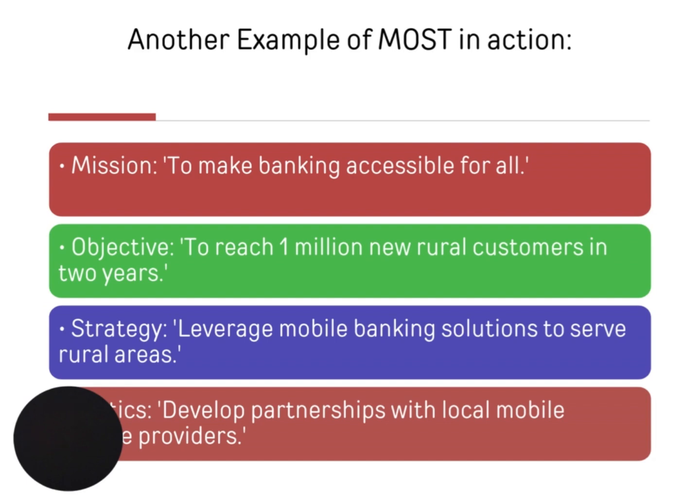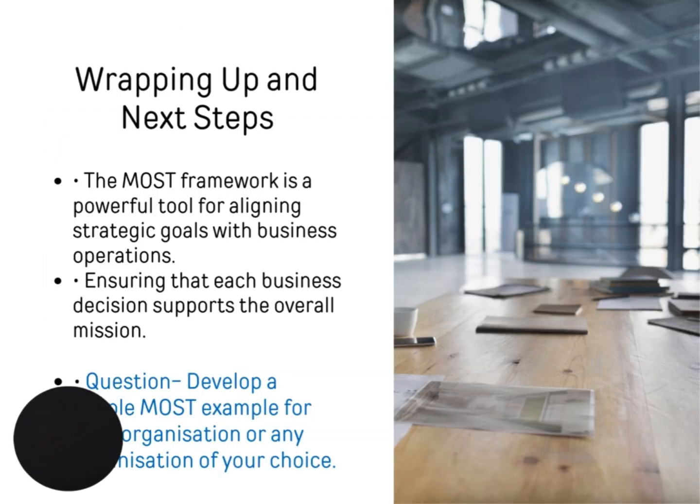Now, what is the strategy to achieve this? We would leverage mobile banking solutions to serve rural areas. Now, what are our tactics? What are the day-to-day things we would do to achieve this strategy? We would develop partnerships with local mobile service providers. Those are two examples of using the MOST framework.